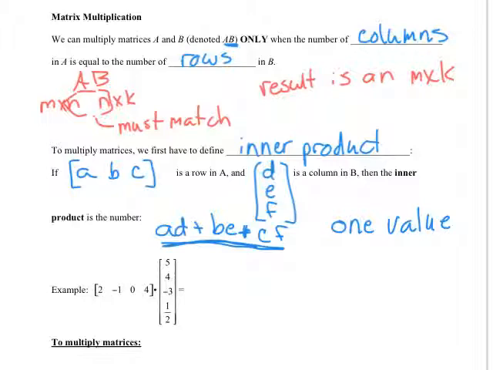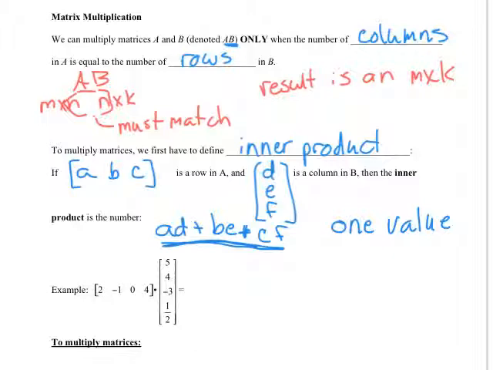So here's a numerical example. I've got 2, negative 1, 0, 4, and I'm going to multiply that by 5, 4, negative 3, 1/2. So the 2 goes with the 5, the negative 1 with the 4, the 0 with the negative 3, and the 4 with the 1/2. I always go left to right and up, down.